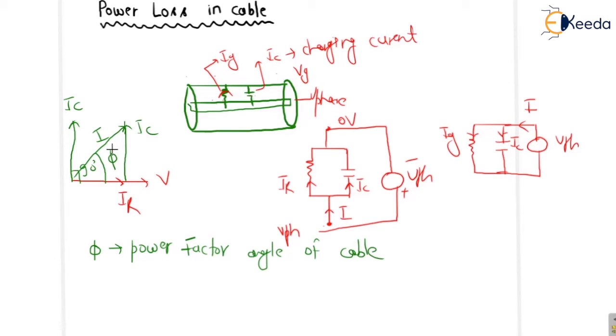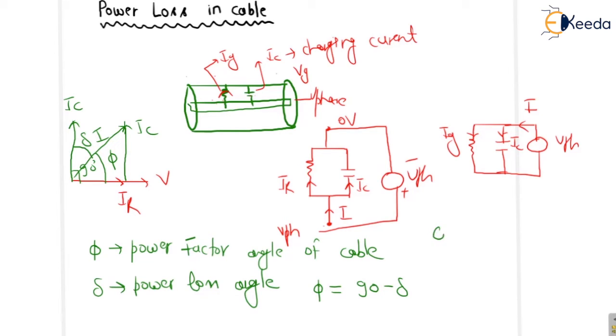And this delta is the power loss angle. So phi is equal to 90 minus delta.